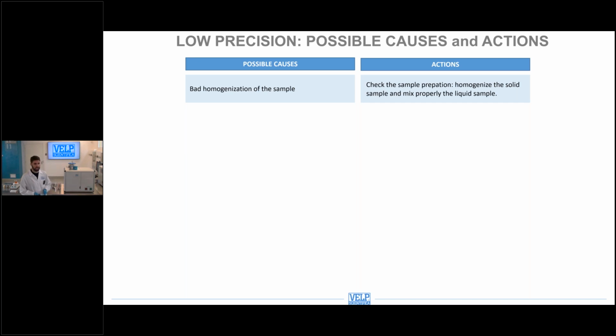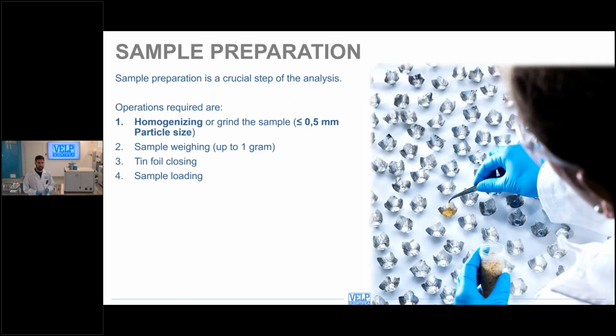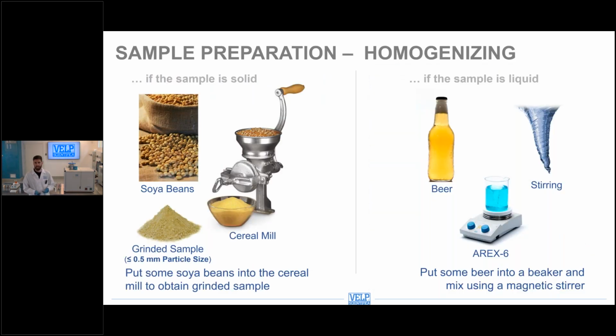So in this case, for the sample preparation, if you are using a solid sample, you need to homogenize it with a bench mill or a grinder, in order to have a sample with a particle size lower than 0.5 millimeters, as declared on the official methods. And if the particle size is lower, the better will be the results.